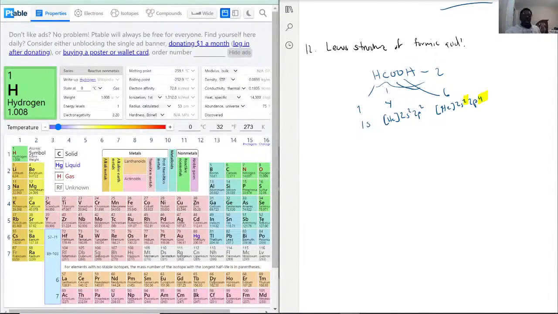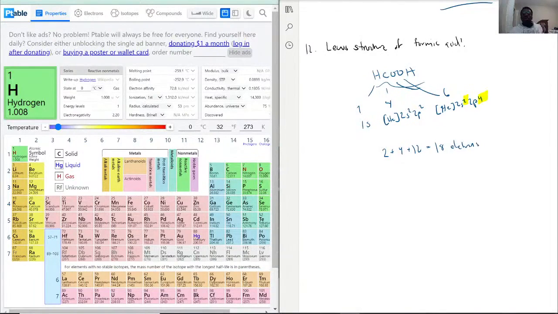So that is going to be 1 plus 1, so that's 2 for the hydrogens, plus 4, plus 6 times 2, so that's plus 12. That's 12 plus 6, 18 electrons total.